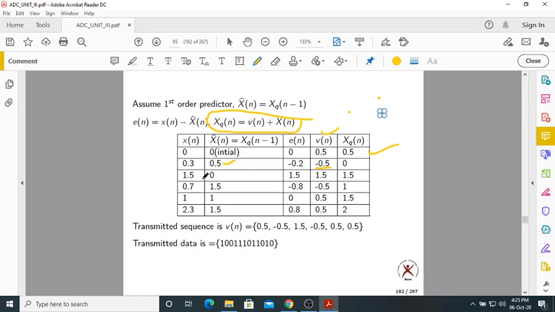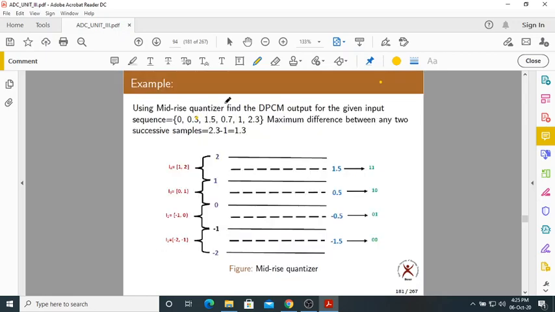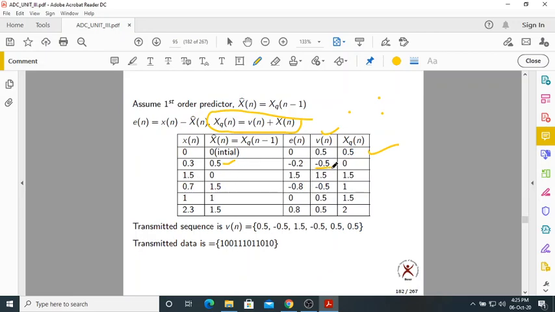Next sample is 1.5, correct? Take this, 1.5. Now what is x q of n minus 1? This comes here in the next cycle. Something like that. So what is the error? 1.5 minus 0, 1.5.